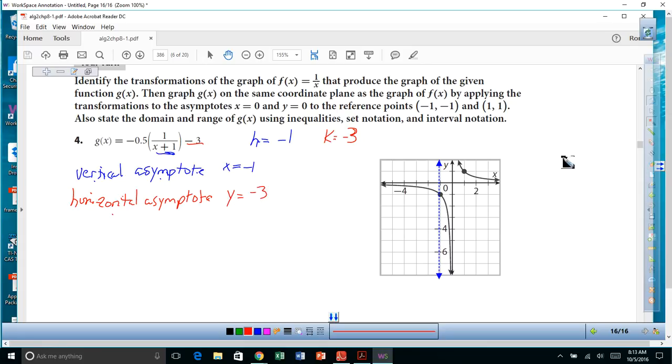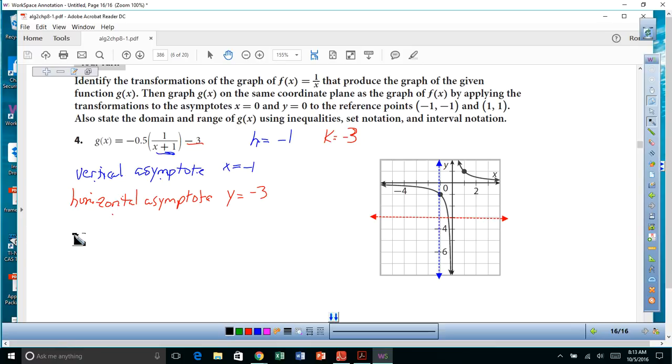So y equals -3. And let's draw that. So you got 1, 2, 3. That's going to be -3 right there. And there we go. Mine might be slightly crooked. Be all right. So now we got our horizontal asymptote and our vertical asymptote.